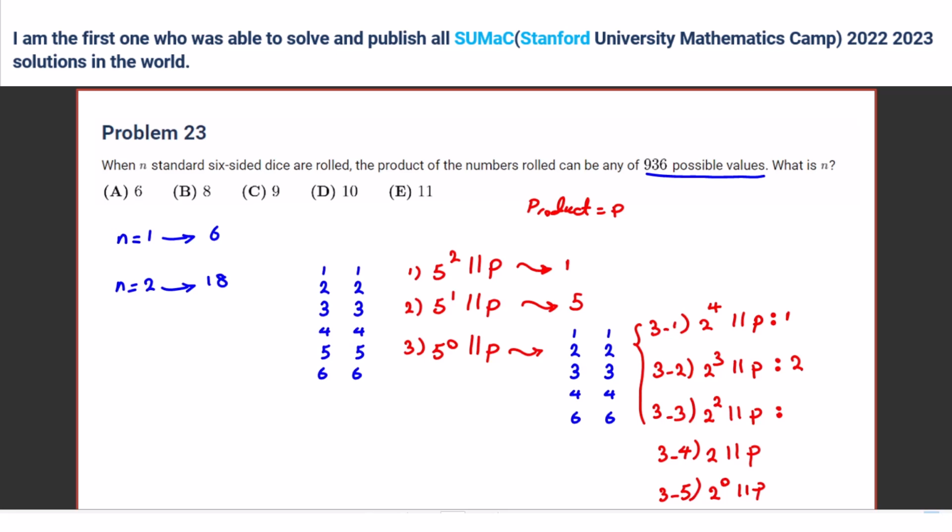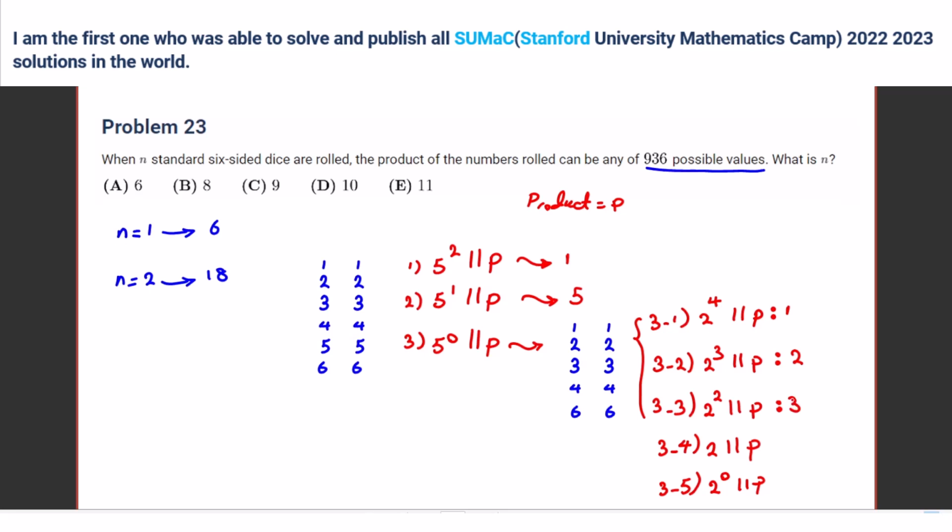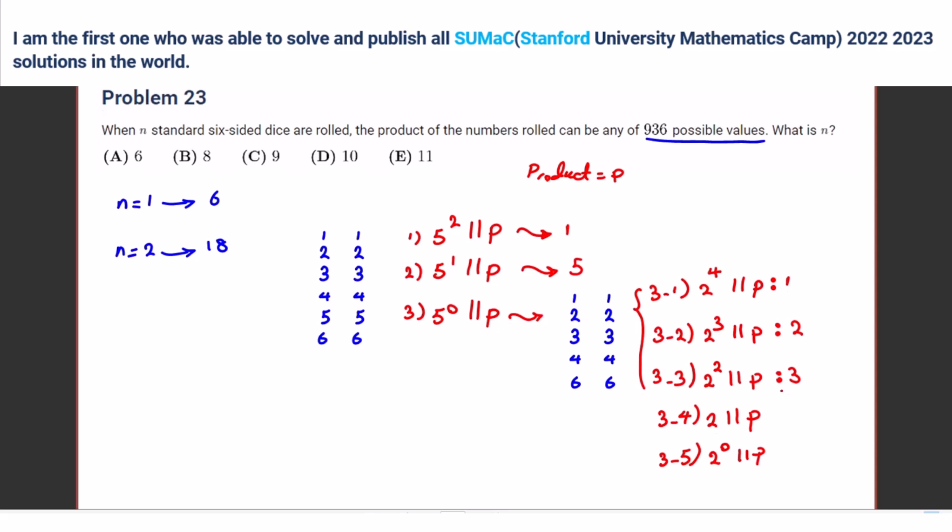Okay, let me tell you a better way for calculating these things. I want to consider the power of 3. Do you agree here we have only 2 and 3 in our product?